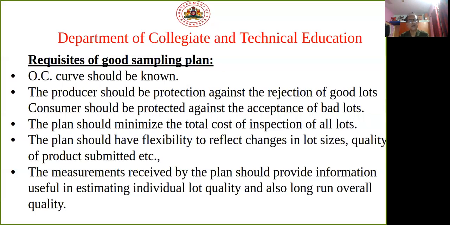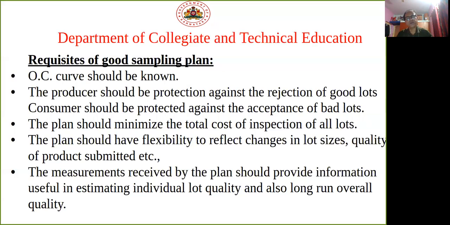So now, what are the requirements to say that a single sampling plan is a good sampling plan? We should know the OC curve.